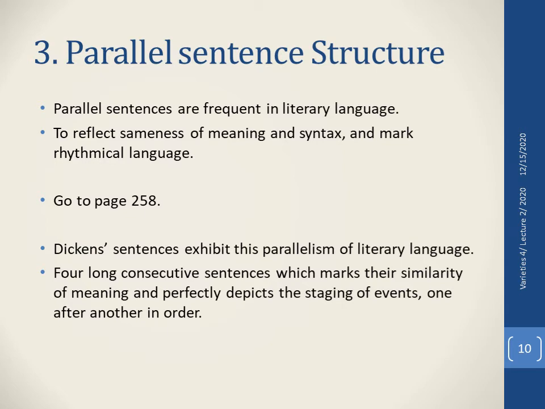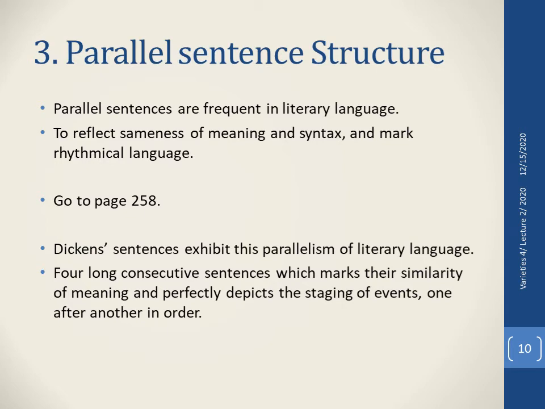Please go to page 258 to read the example. Then came the teetotal society, and then came the chemist and the druggist, then came the experienced chaplain into jail, then came Mr. Gradgrind and Mr. Bounderby.